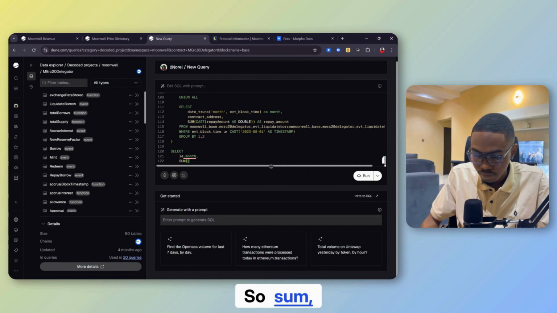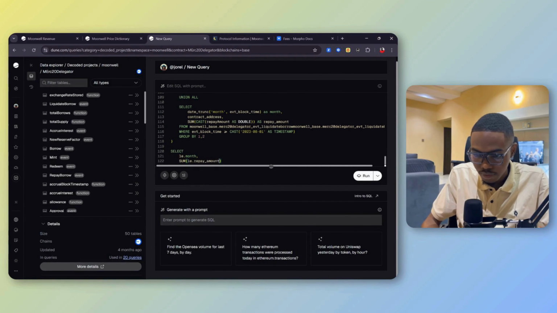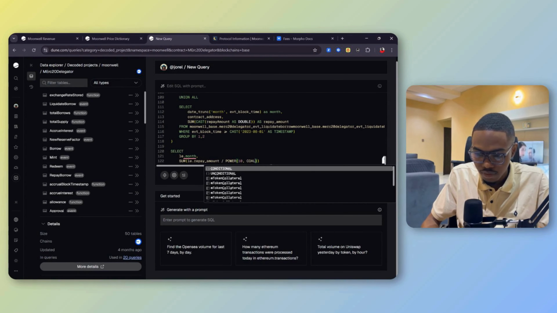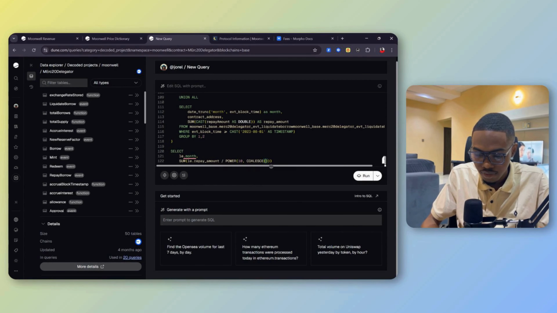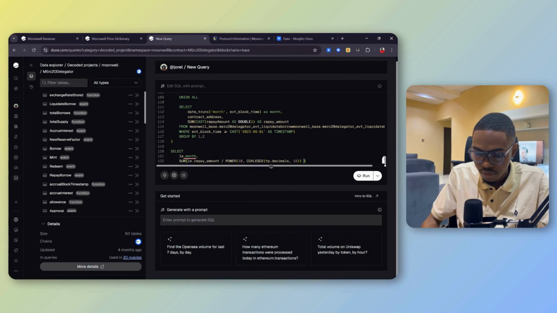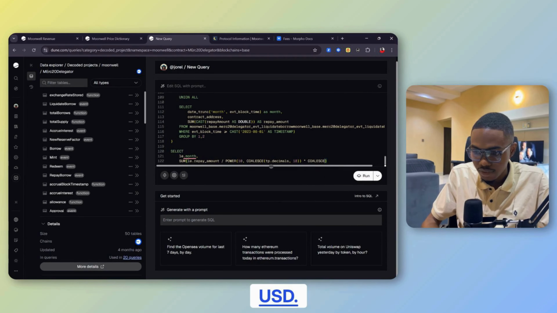So sum the liquidation events repay amount divided by 10 raised to the decimals, from token price, then multiply by price to give us in USD.